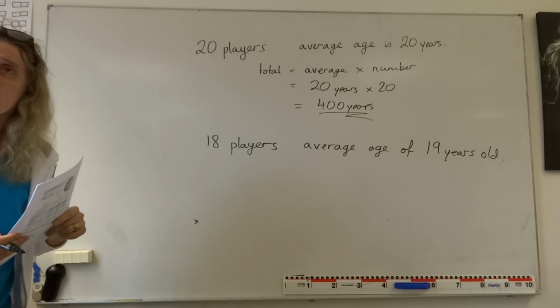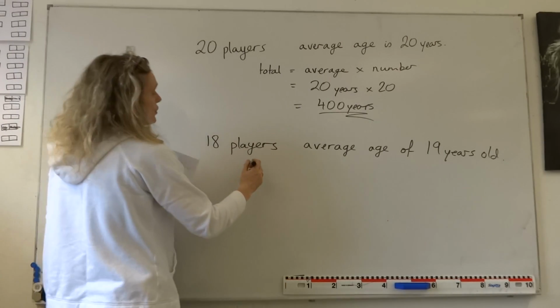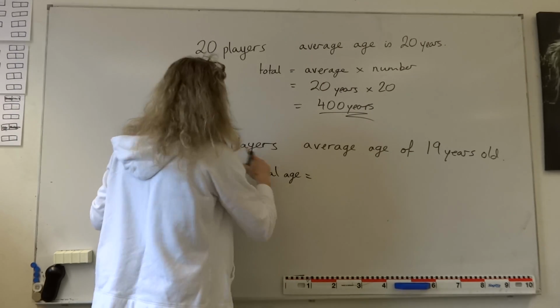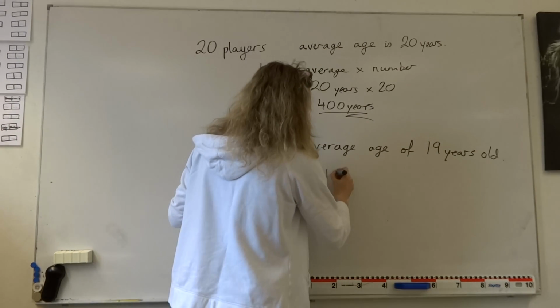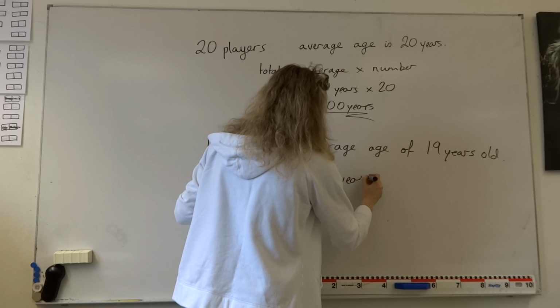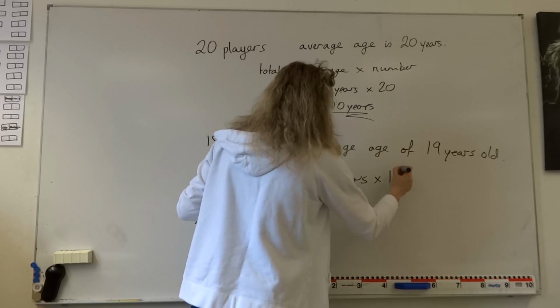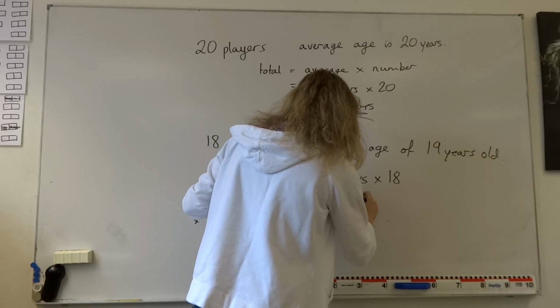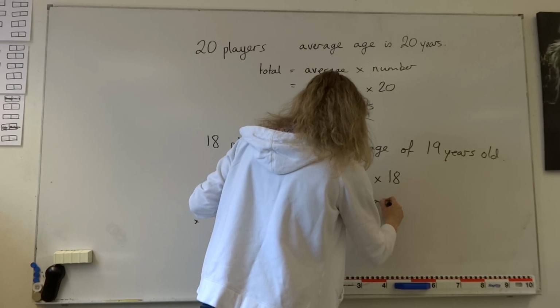So what's their total age then? Well, the total age of all of the players now would be the 19 years times the number of players, which is 18, which gives us 342 years in total.